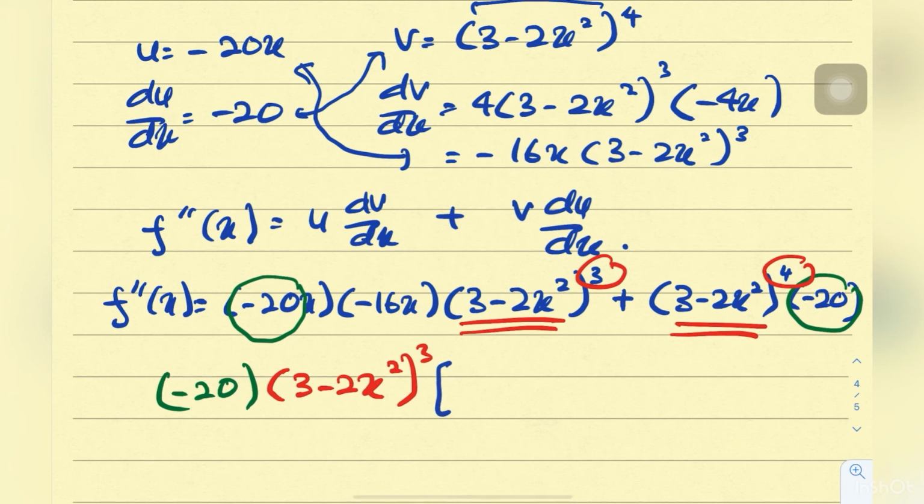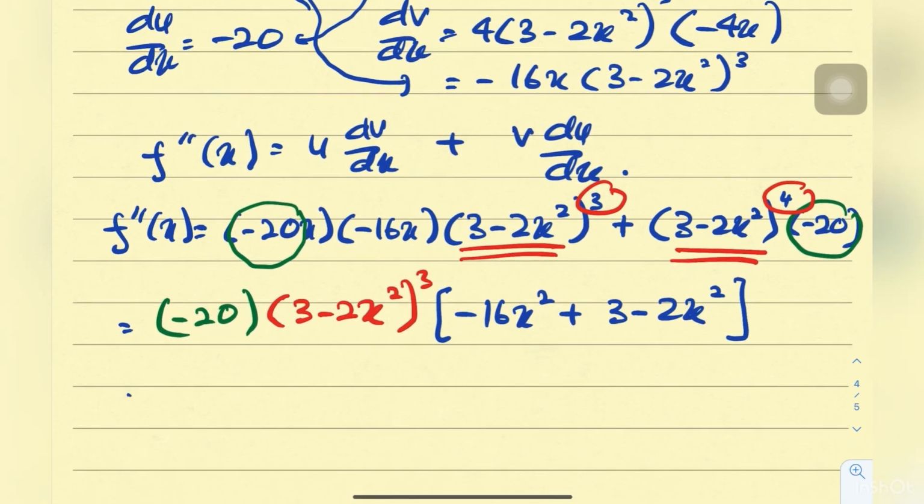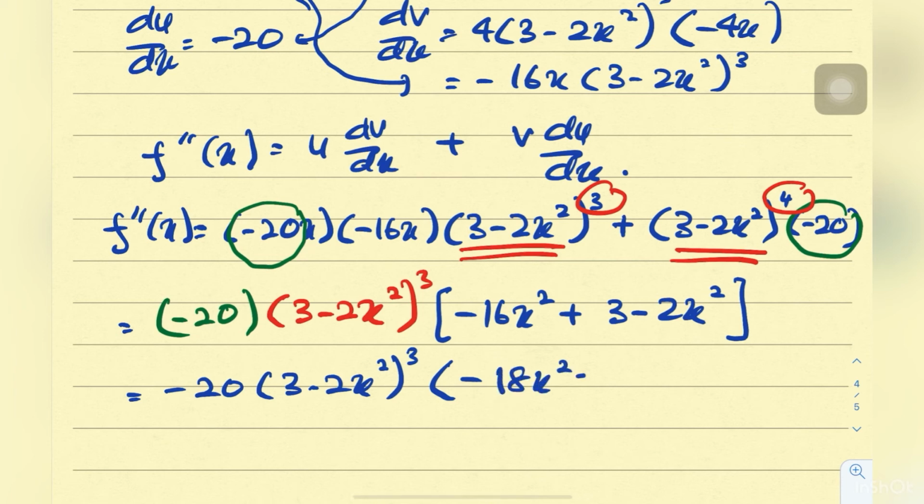Then in the bracket it becomes negative 16x squared plus (3 minus 2x squared), power of 1. Then you can simplify. This becomes negative 20 (3 minus 2x squared) cubed times negative 16 minus 2, which is negative 18, sorry, negative 18x squared plus 3.